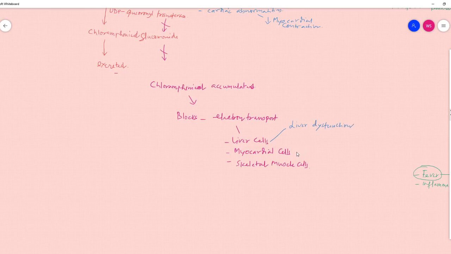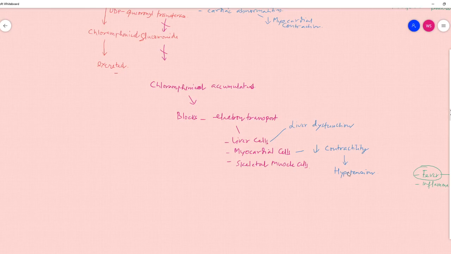Okay, the myocardial cells, what will happen? There will be decreased contractility. This decreased contractility can lead to, if these myocardial cells don't contract, what will happen? They won't be able to pump blood. So if they don't pump blood, there will be hypotension.